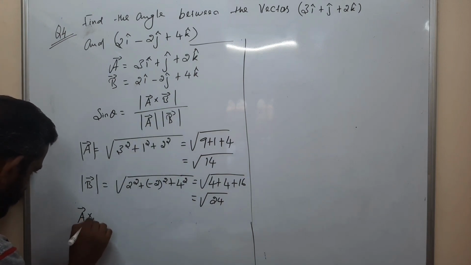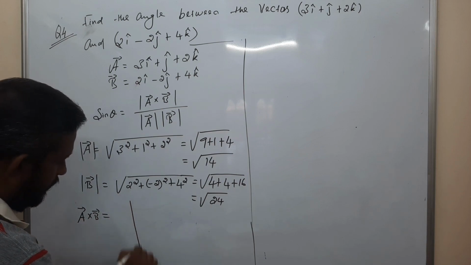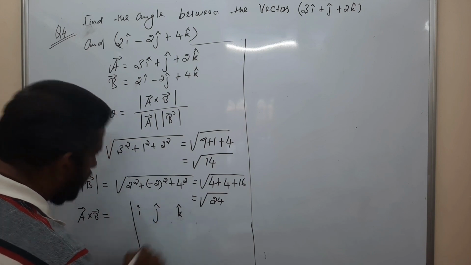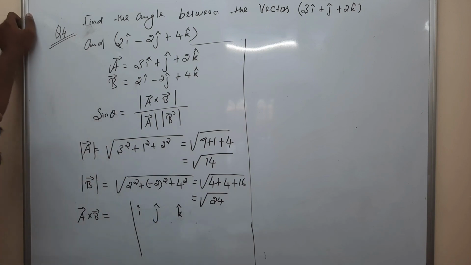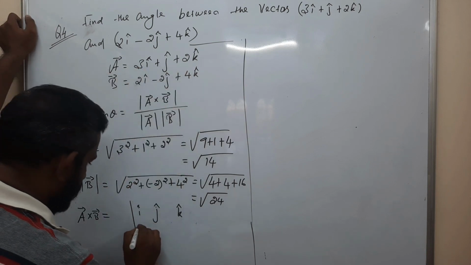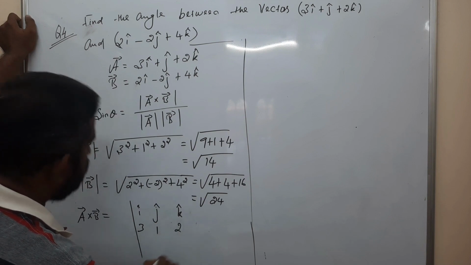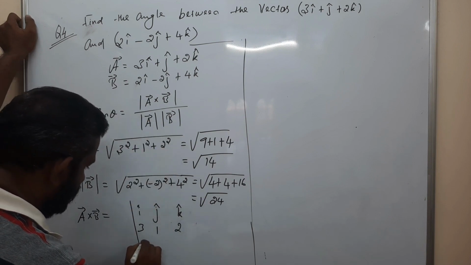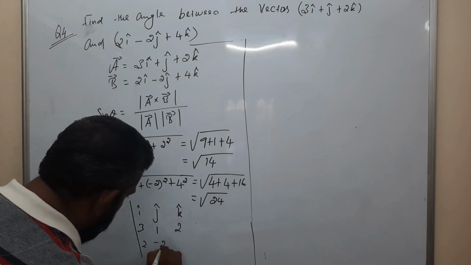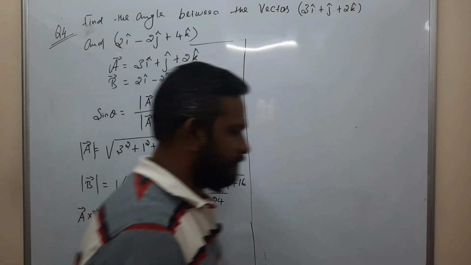Next we have to find a vector cross b vector, which is equal to the determinant of i cap, j cap, k cap. First a vector coefficients, that is 3, 1, 2, then the coefficients of b vector, that is 2, minus 2, 4.